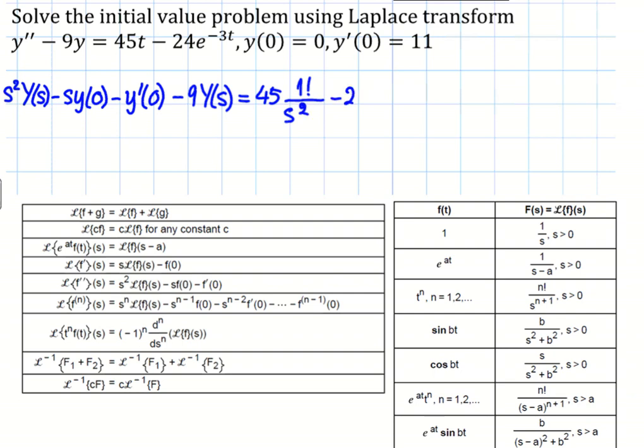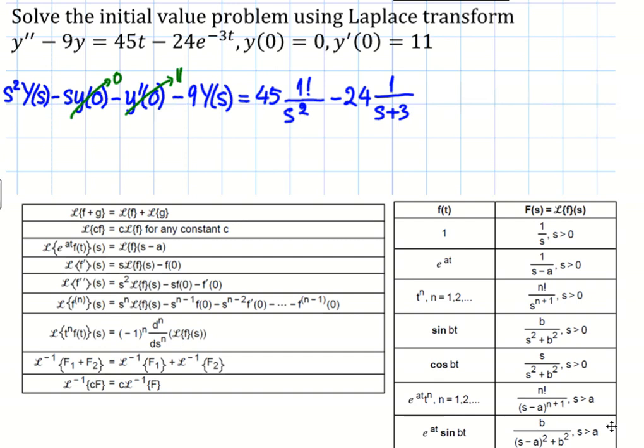And then 24 times the transform of e to the negative 3t, we use this form of the Laplace transform, which will be 1 over s minus (-3), so 1 over s plus 3. We have the initial values y of 0 equal to 0, and the derivative is equal to 11.